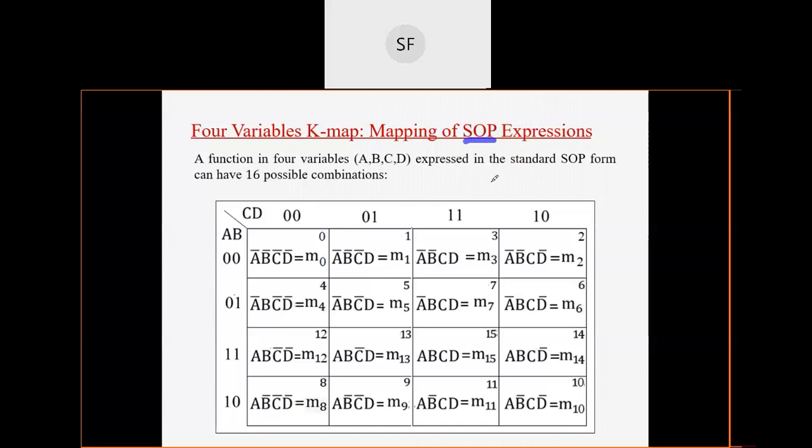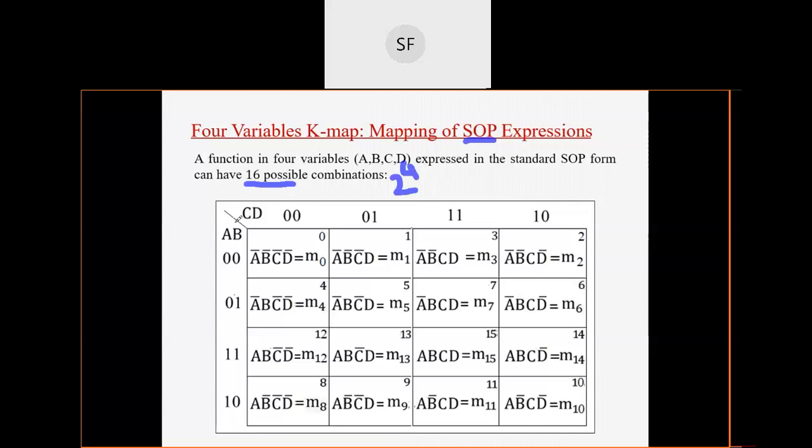Min terms are denoted by small m's. There are a total of 16 possible combinations. Why? Because with 4 variables, the total number of possible combinations is 2 raised to power 4, that is 16.